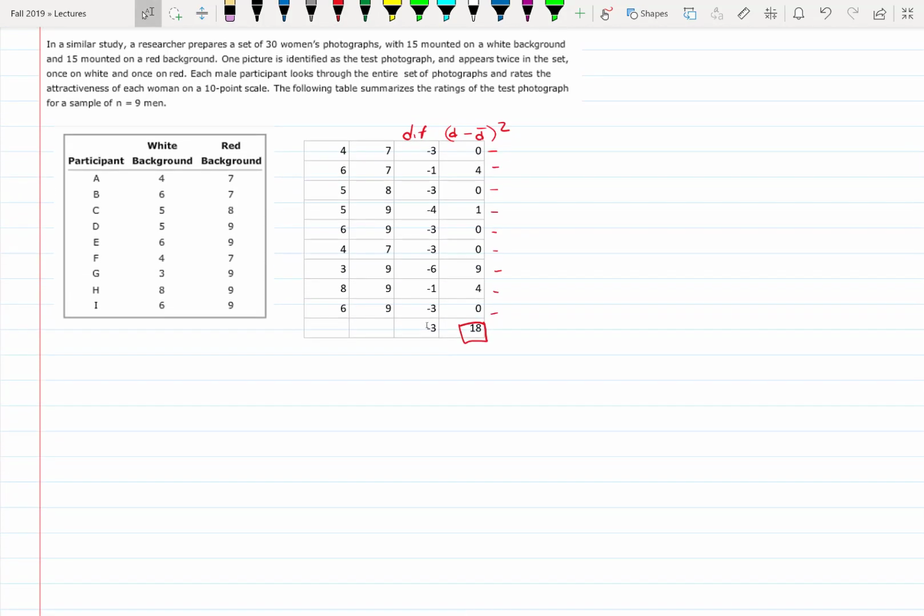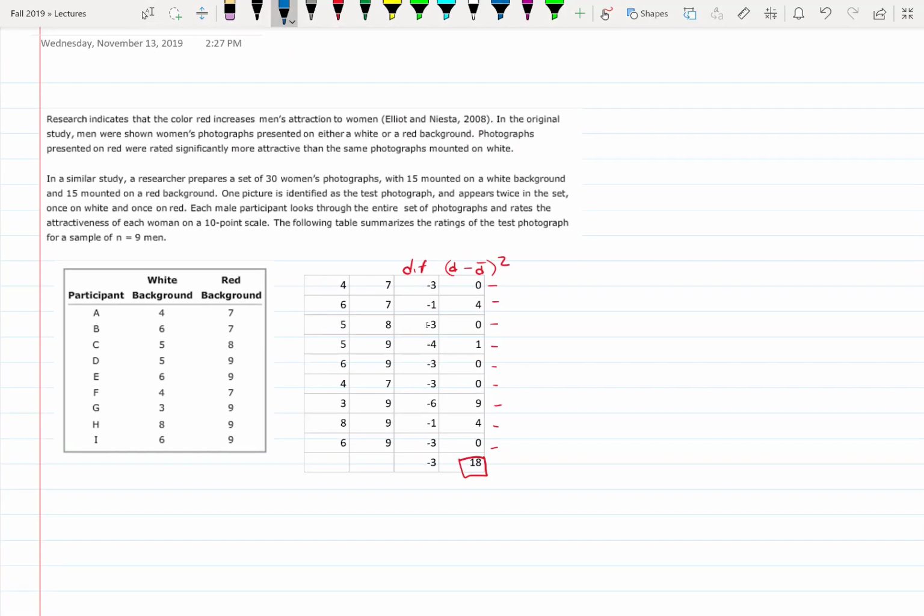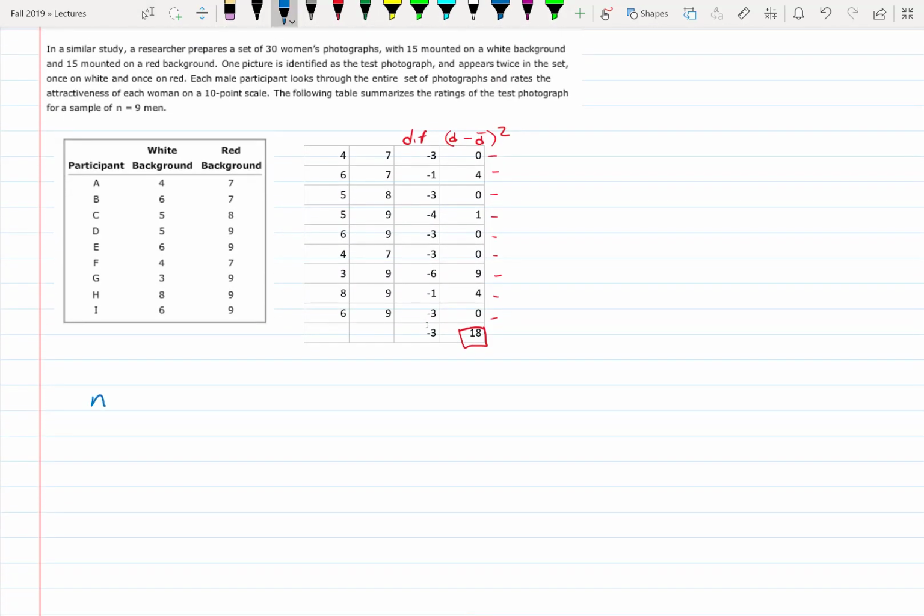All right. What else do we have in the problem? Well, we are given that n equals 9. There were 9 men who participated in the study. That means the degrees of freedom in the study is equal to 8.